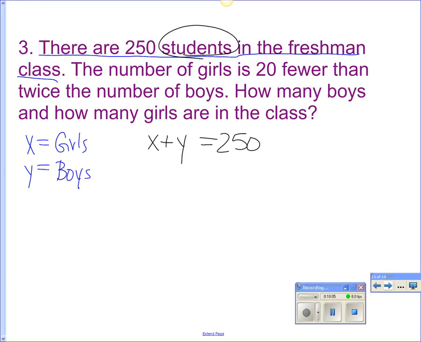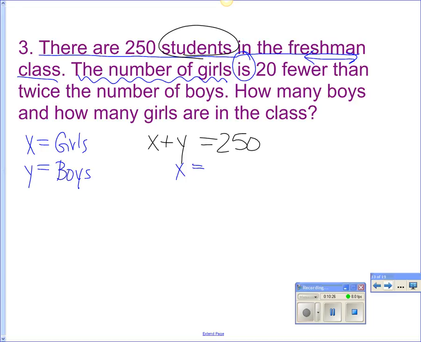Okay, now let's read the next sentence. The number of girls. Well, that's a variable. What variable is that one? X. Girls is X. Is equals. Okay. Fewer than is also like that one we had the other day, the less than.